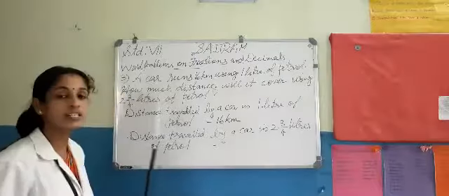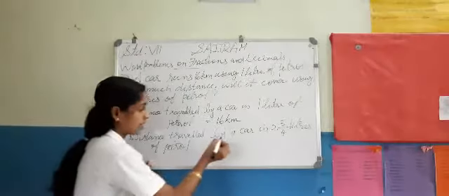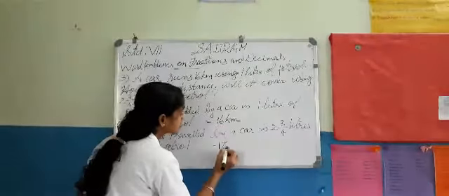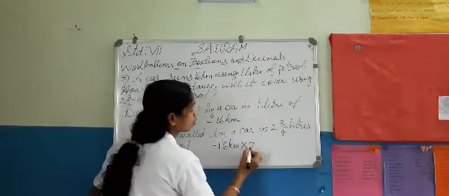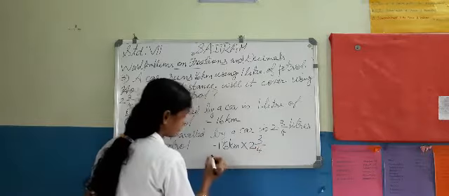For finding this, what do we want to do? Multiply. We want to multiply 16 kilometer by 3 by 4.